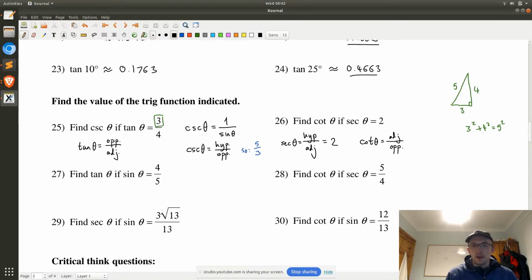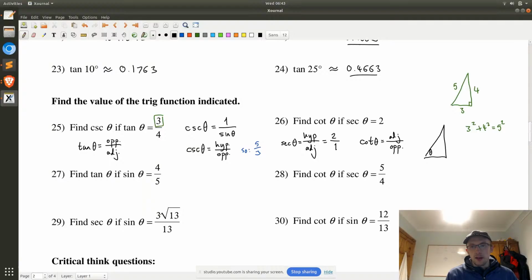Secant of theta equals hypotenuse over adjacent, which is equal to 2, maybe I'll put it as 2 over 1. So we're going to draw the triangle.